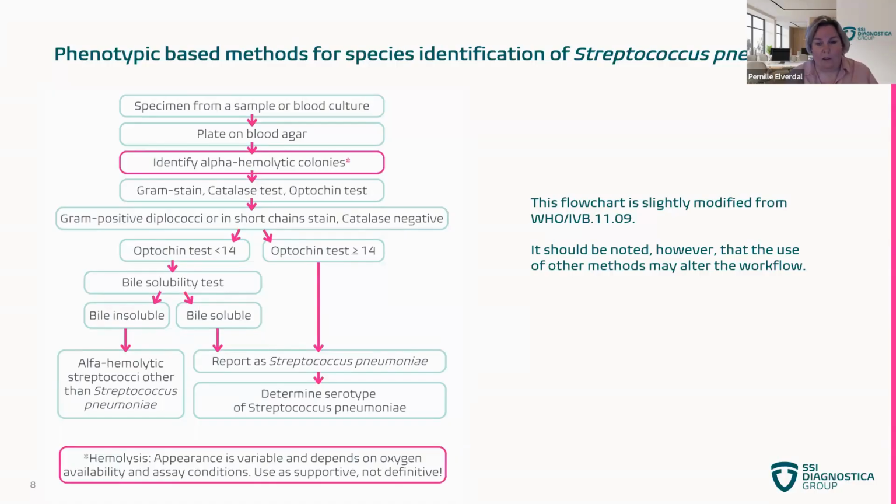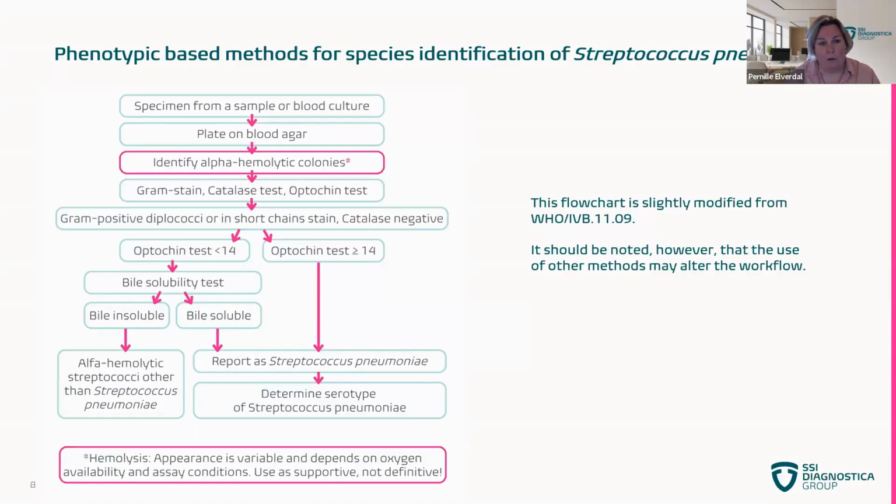If the bacteria is bile insoluble, it's considered an alpha hemolytic streptococci other than pneumococcus, and that one will then not be reported. If it's bile soluble, it's reported as pneumococcus positive or Streptococcus pneumoniae positive. And you will then move on to your phenotypic method, which is the serotyping of the Streptococcus pneumoniae. So this is the workflow.